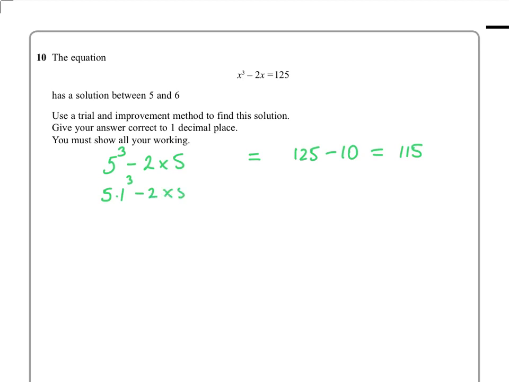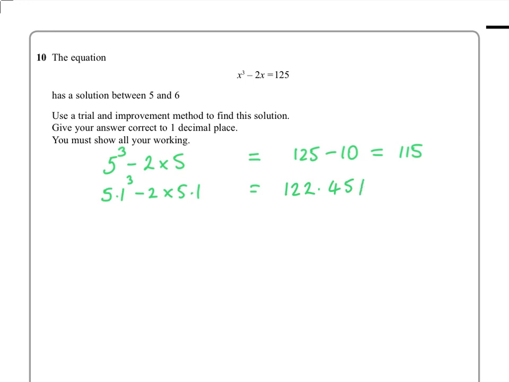And then I'd use a calculator for this part. So 5.1 cubed minus 2 times 5.1, and I get 122.451.